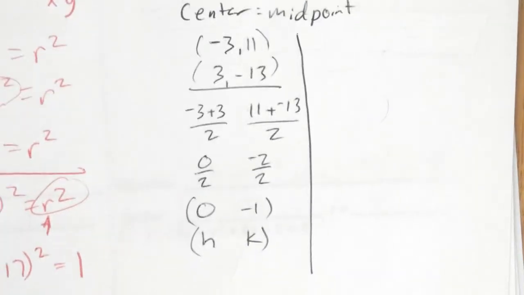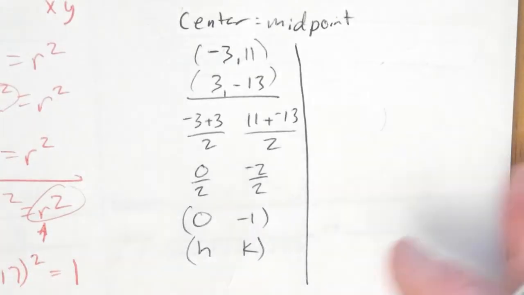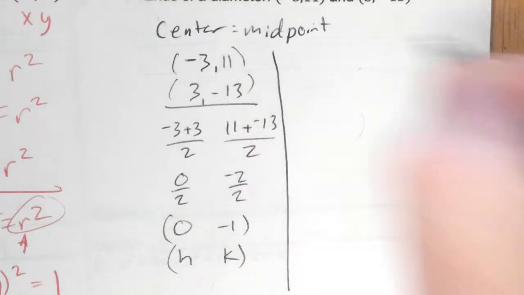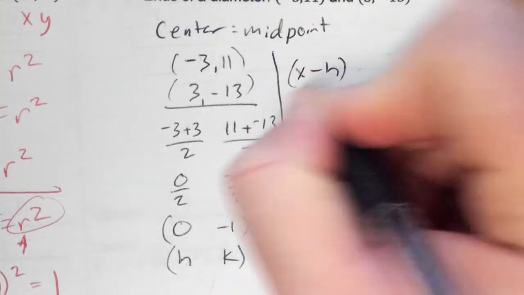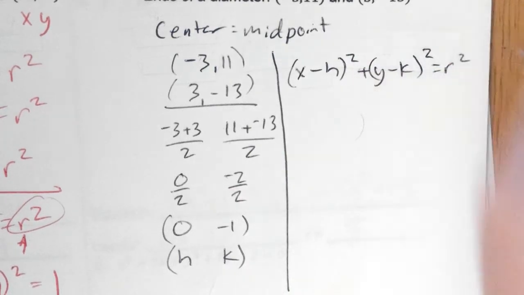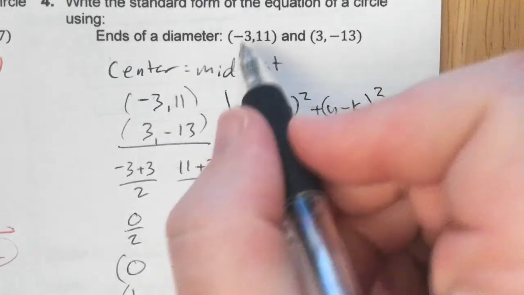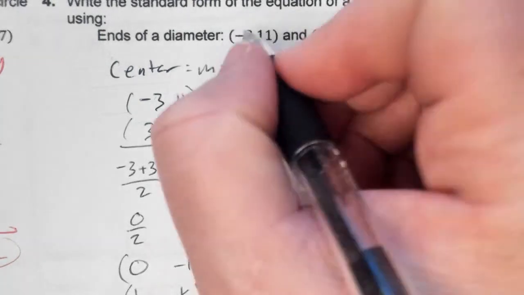Now that we have our h, k, we can do the same thing we did a second ago. x minus h, that quantity squared, plus y minus k, quantity squared, equals r squared. Pick one of the points, it doesn't matter which, and let that be your x, y. I'm going to pick the first one.